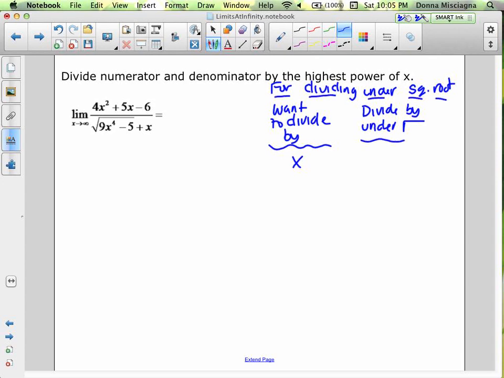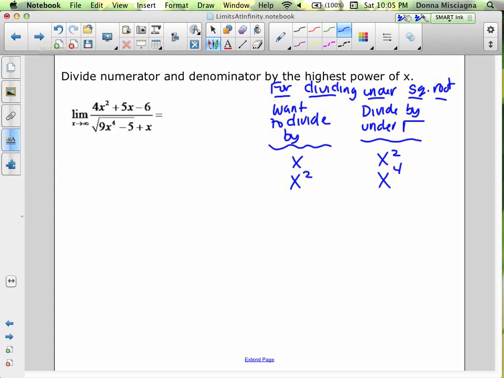For the square root, we have to divide by x squared. If we want to divide by x squared under the radical, we're going to have to divide by x to the fourth. So we're going to divide everybody by x to the fourth, because x to the fourth is our highest power.